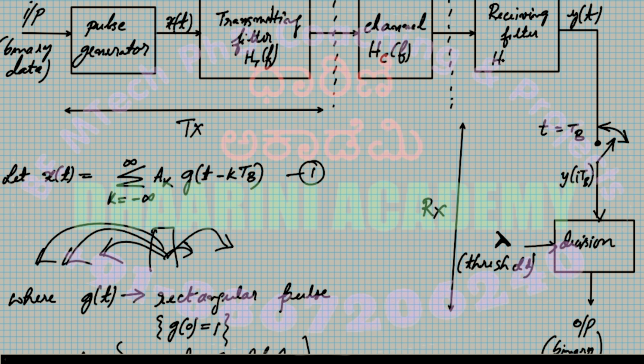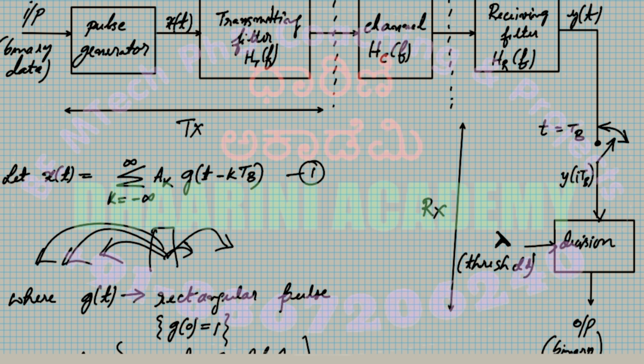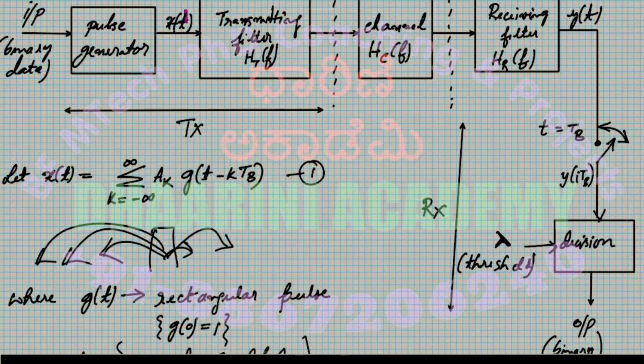So this is denoted by Hr of f, right? Okay, so you see that this is my point. I have x of t. It passes through this filter of response Ht. That output passes through another filter of Hc, which will once again pass through Hr of f to get y of f. Correct? So that's the point, right?